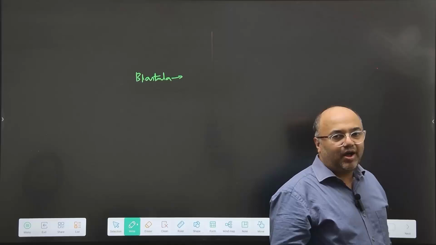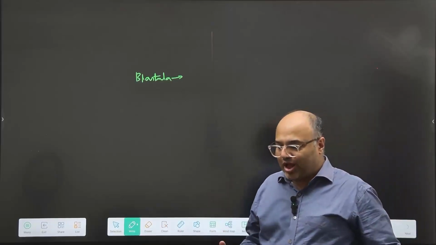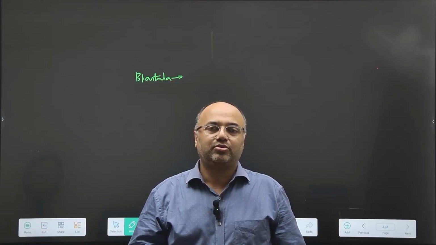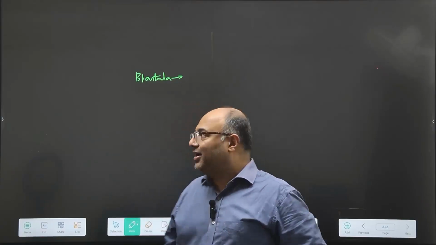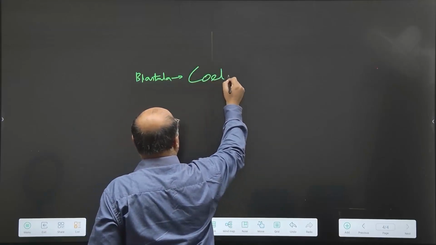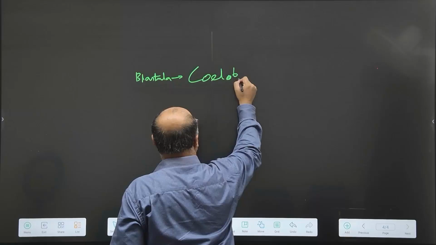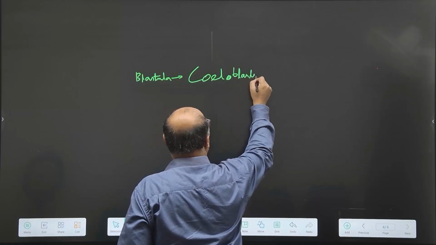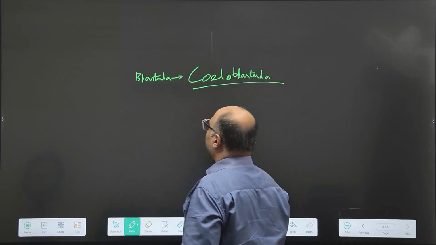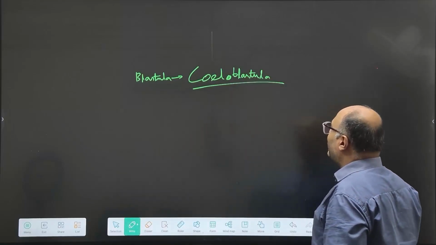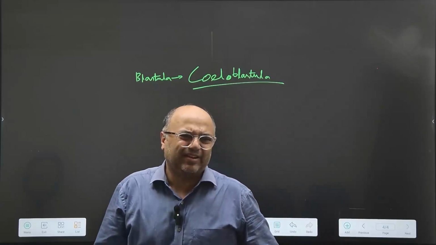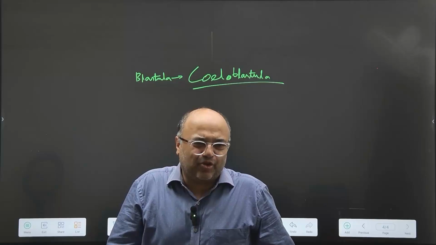But here, the blastula stage is not hollow. It is called coeloblastula. Right. And this coeloblastula converts itself into the gastrula stage. See, names are there. And these names are to be remembered.